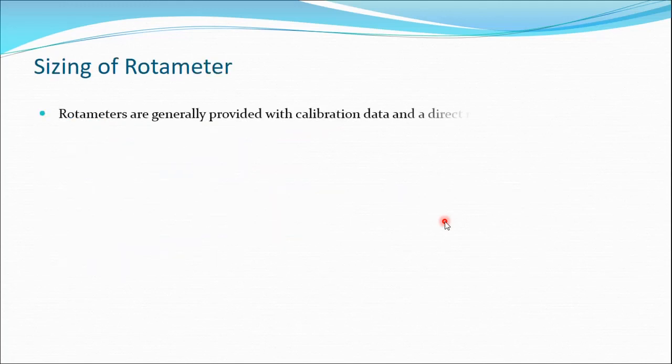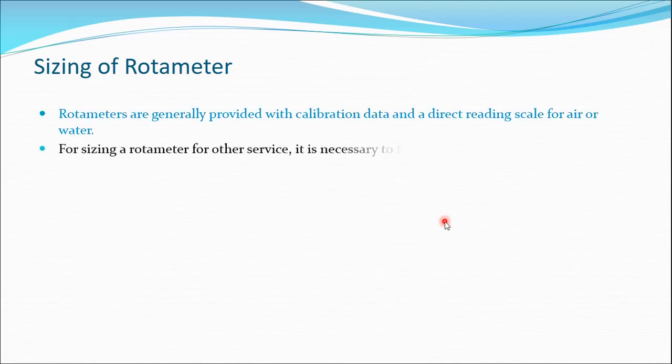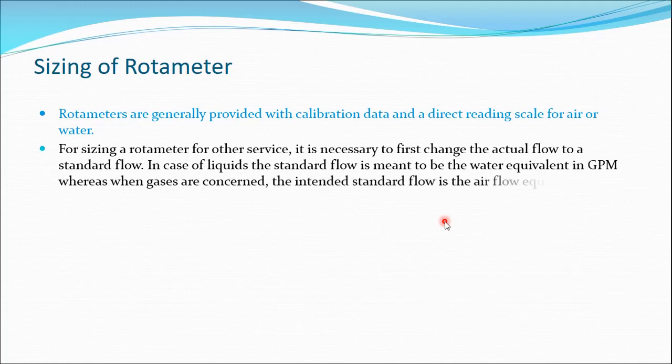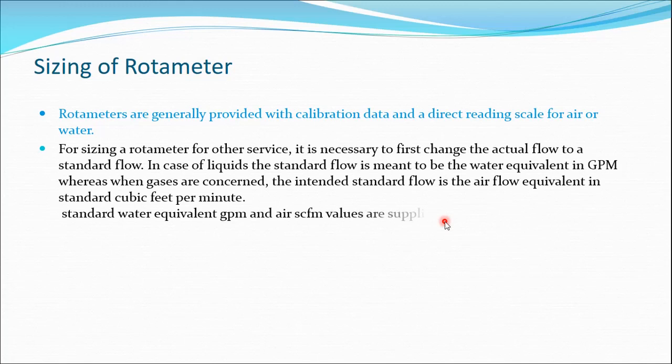If you talk about the sizing of rotameters, rotameters are generally provided with calibration data and a direct reading scale for air or water. For sizing a rotameter for other service, it is necessary to first change the actual flow to a standard flow.